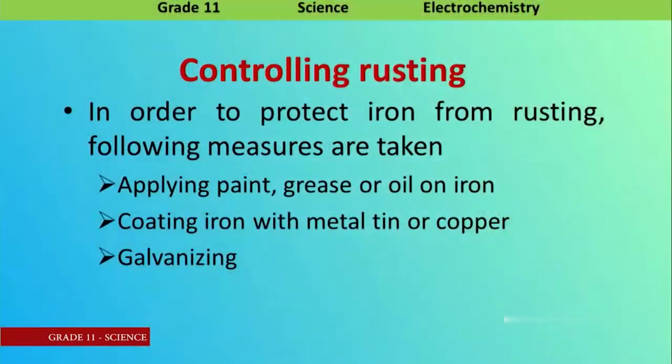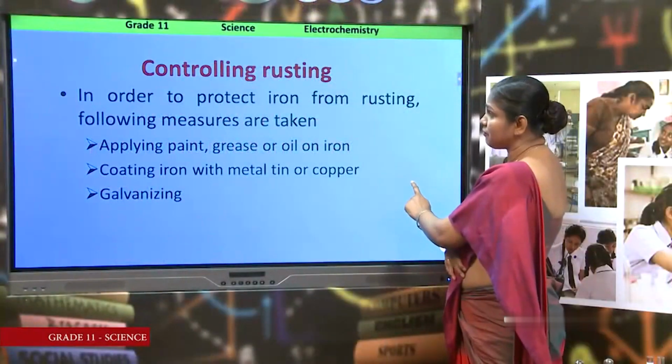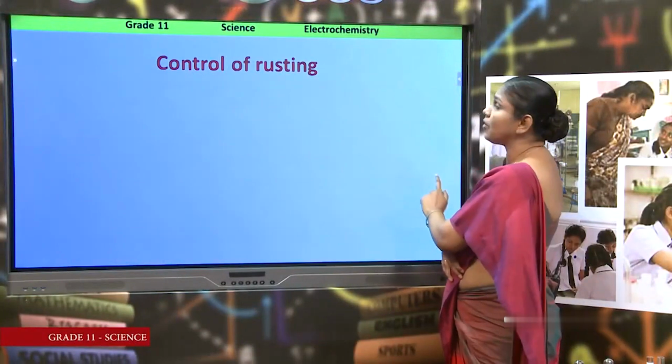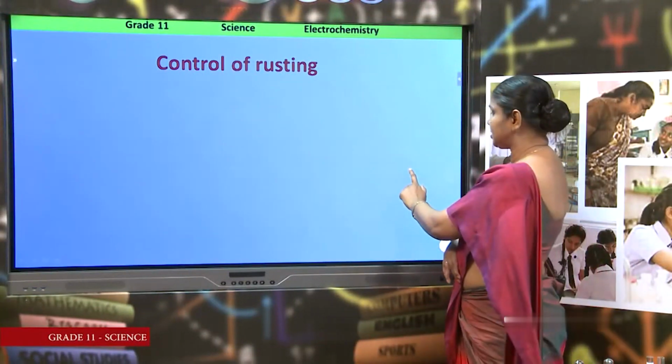For that, we can apply paints, grease or oil on iron. Iron can be coated with other metals like tin or copper. Galvanizing is also done to protect iron from rusting.